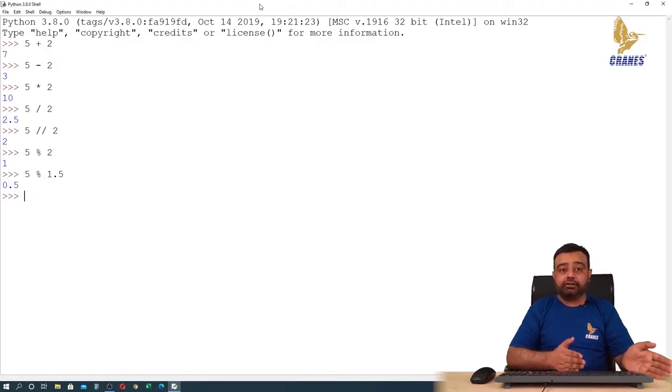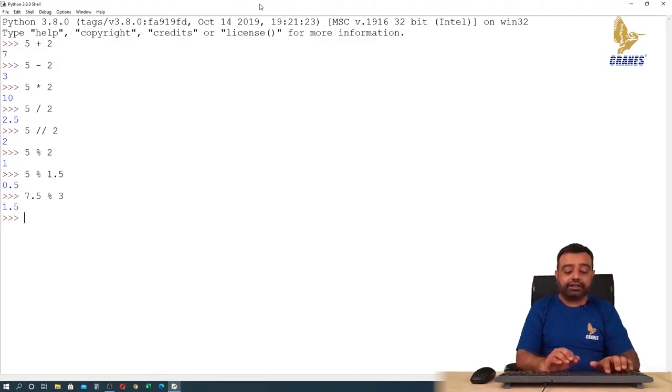Even the numerator can be floating point. For example, 7.5 mod 3: 3 ones are 3, 3 2s are 6, and the remainder is 1.5. So you can observe that the modulus operator can be applied even on floating point operands.